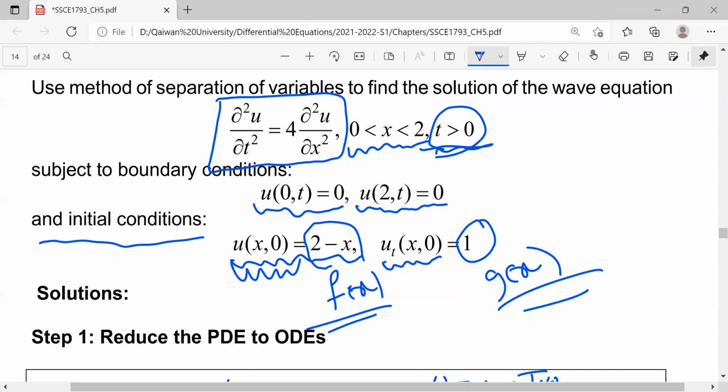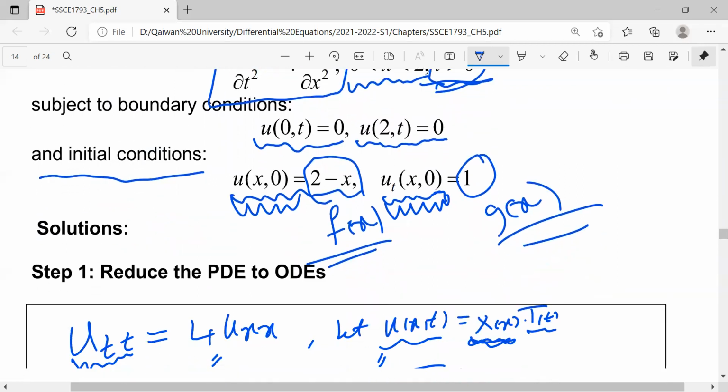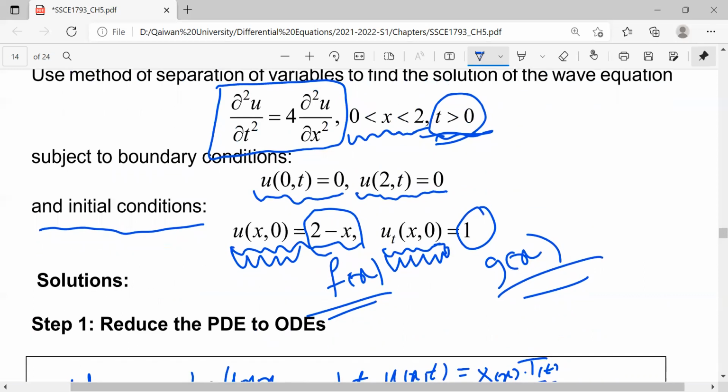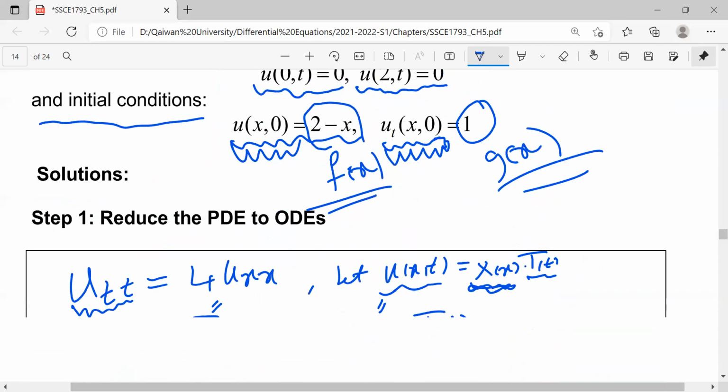But here we have u sub t of x and 0. That means if we take the derivative with respect to t and then replace t by 0, we equal it to 1. Let's write down the initial conditions first. u of x, 0 is 2 minus x, and u sub t of x, 0 is 1.